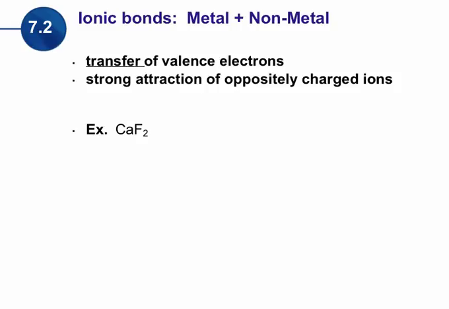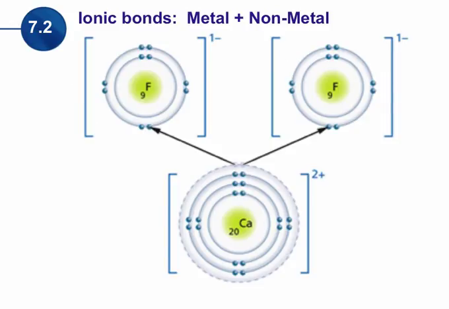Now, what's happening down at the molecular level is this. Calcium has a charge of 2+, which means it has 2 extra electrons, 2 electrons that it's willing to transfer to something else.